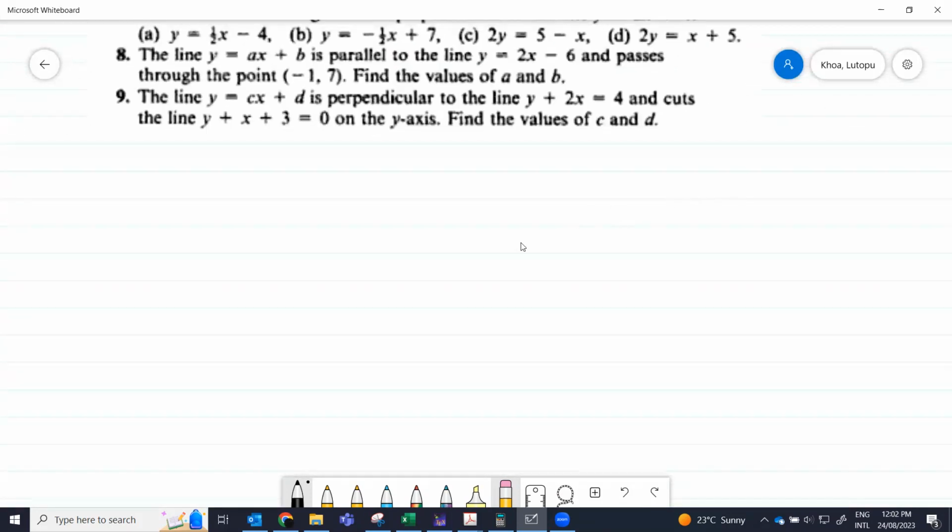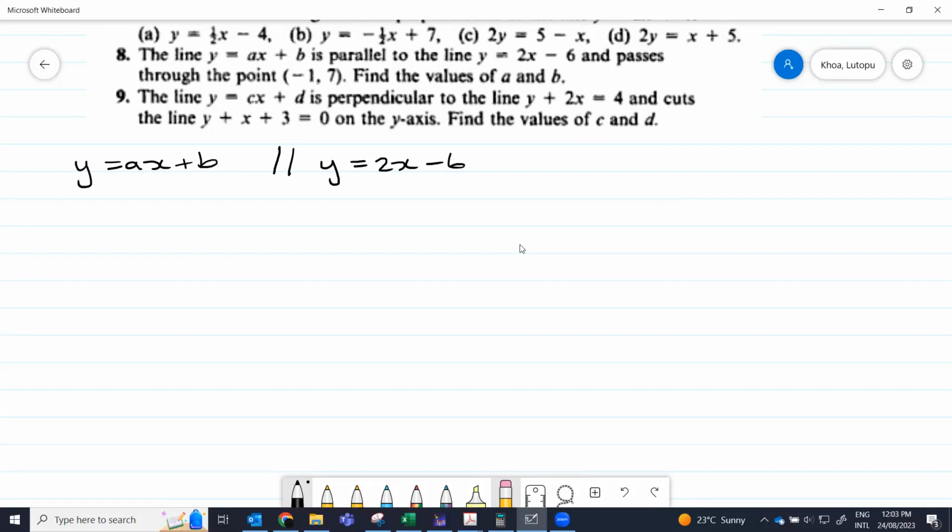Number 8, the line y is equal to ax plus b is parallel to y is equal to 2x minus 3. So we have a line y is equal to ax plus b. We're told it's parallel to the line y is equal to 2x minus 3.